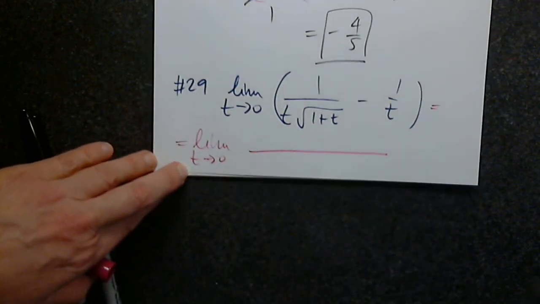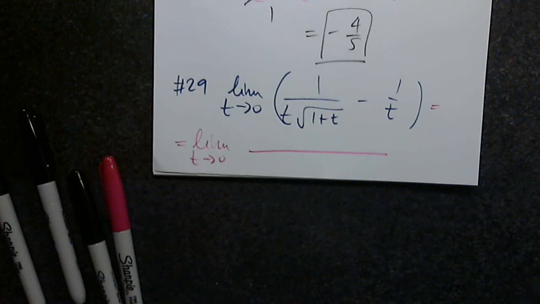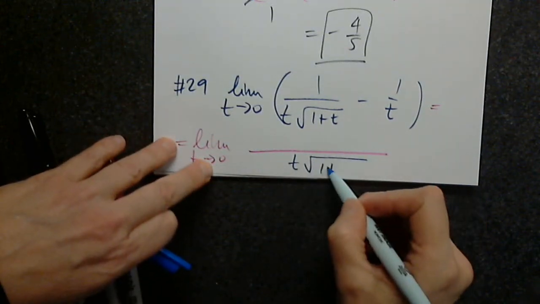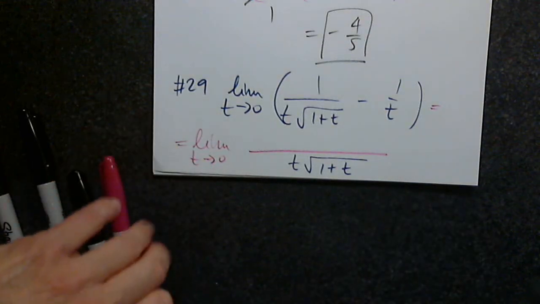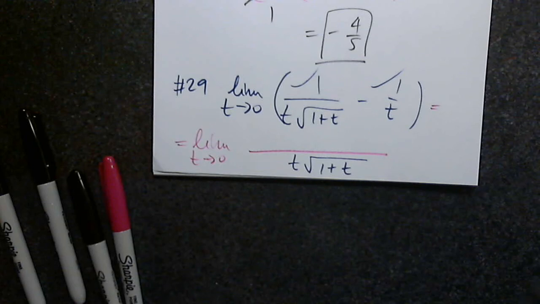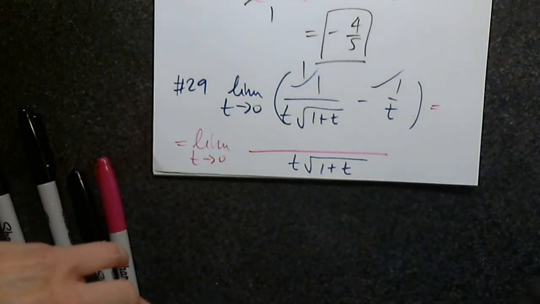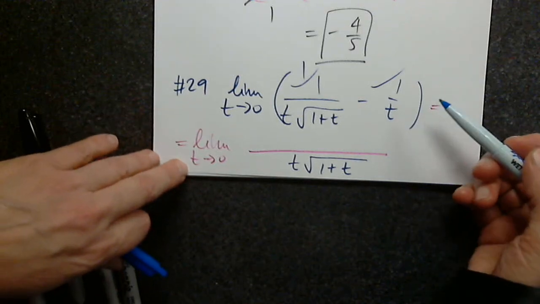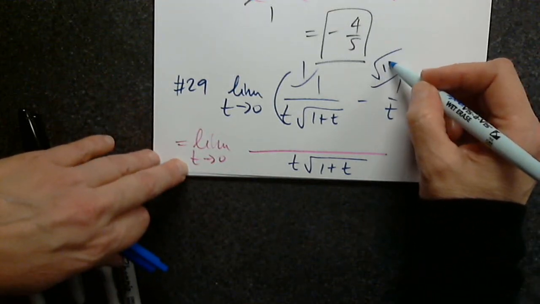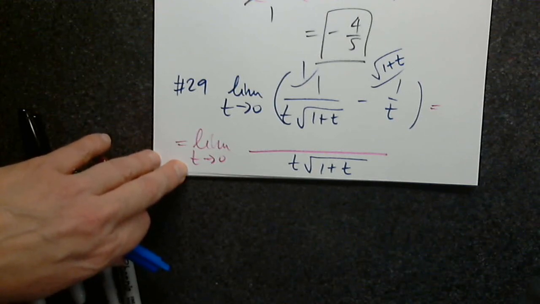Can anyone give us the least common denominator of these two fractions? T times. Very good. So what do you multiply the top of the first fraction by and the top of the second fraction by? The first one doesn't need anything, or you just write 1 or nothing. Well, what does the second one need? Is that okay?